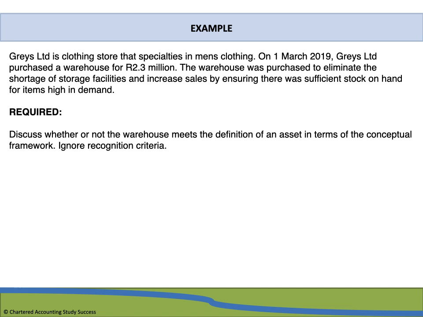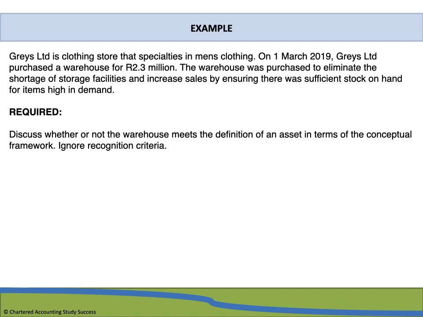The warehouse was purchased to eliminate the shortage of storage facilities and increase sales by ensuring there was sufficient stock on hand for items that are high in demand. Now, the required states that you need to discuss whether or not the warehouse meets the definition of an asset in terms of the conceptual framework. And you are told to ignore the recognition criteria because we have not dealt with recognition yet.